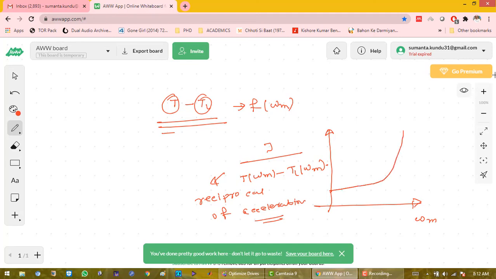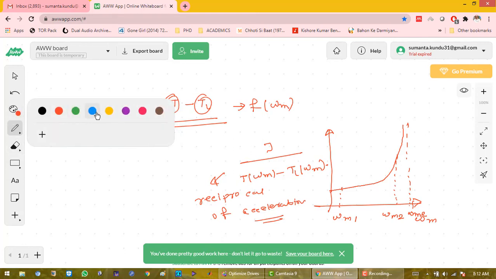Okay. So if we draw this, the curve will become very similar to this. This is my curve, and this is my equilibrium speed omega m, this is the speed omega m1, and this is my speed omega m2.